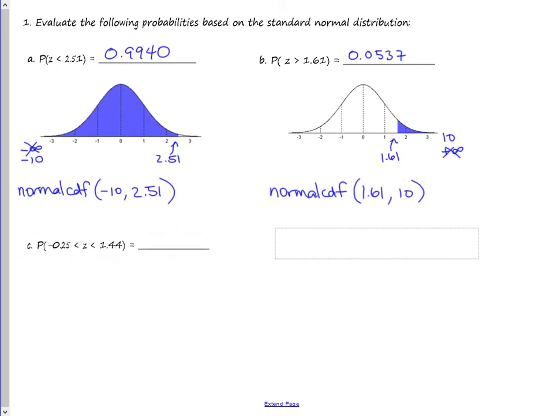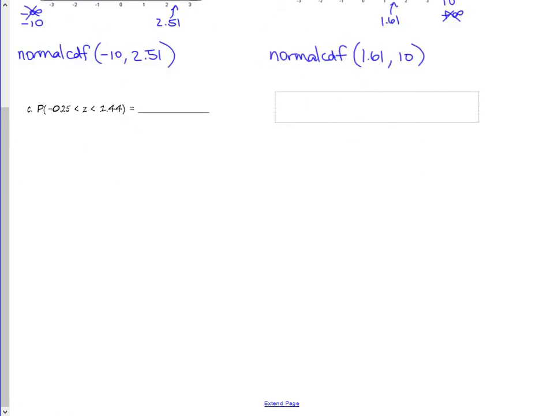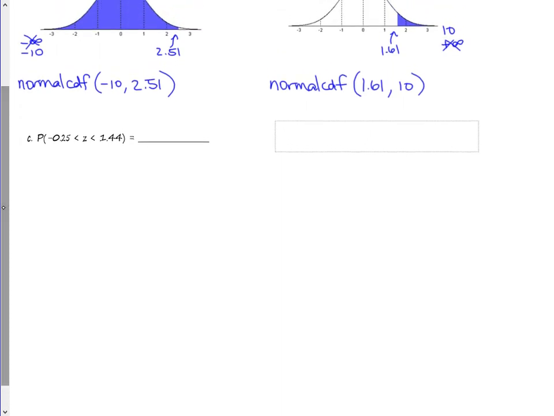Part C, find the probability that z is between negative 0.25 and 1.44. So if I were to sketch what this looks like, here's what I would get. So negative 0.25 is just a little bit below 0. And 1.44 is right about here.